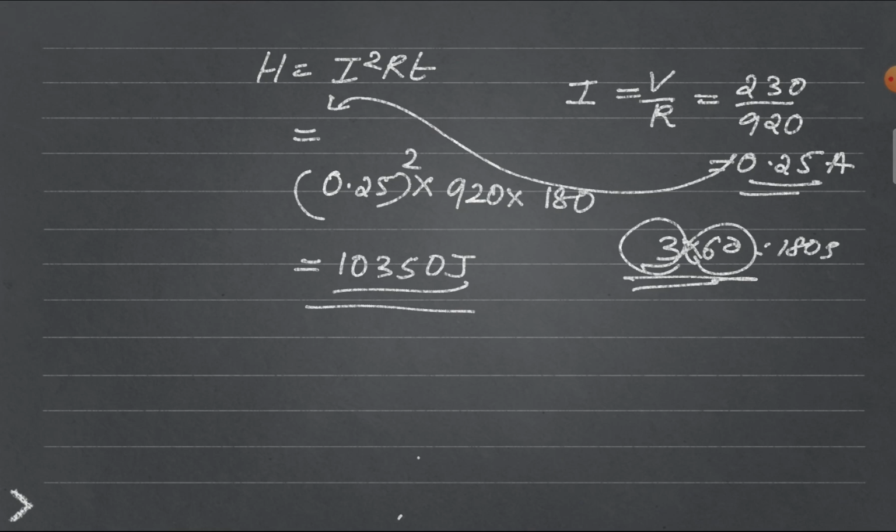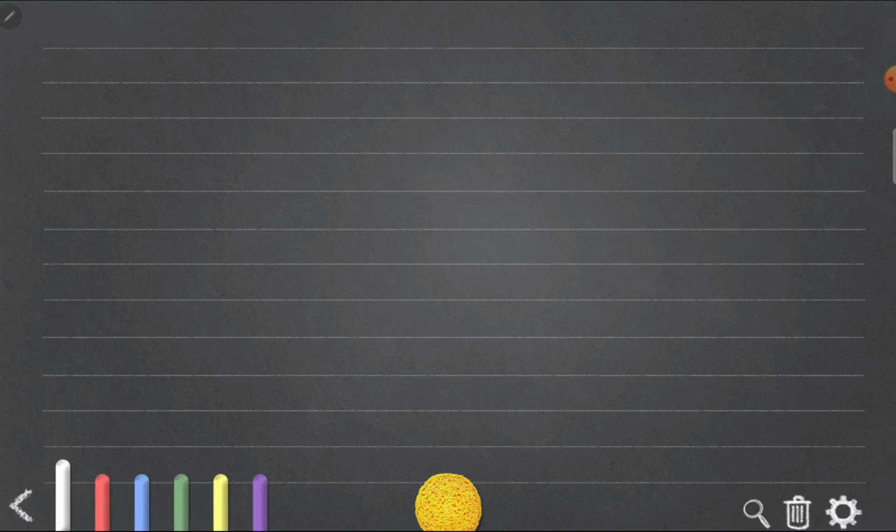We already got that answer; the textbook has done that question using the other equation, and they got the answer as 10,350, and here also we got the same answer. Okay, so the answer coincides, and we find the answer to be similar in both cases. Now what else in this page? Is there any difference in the amount of heat energy that's obtained? No. The heat energy we found using both these equations is similar.